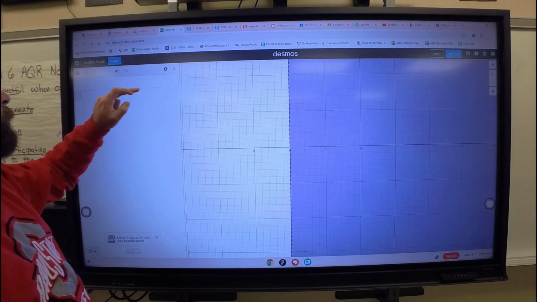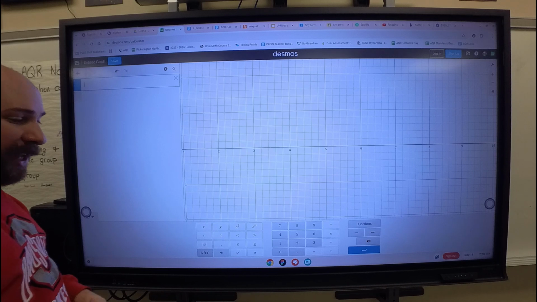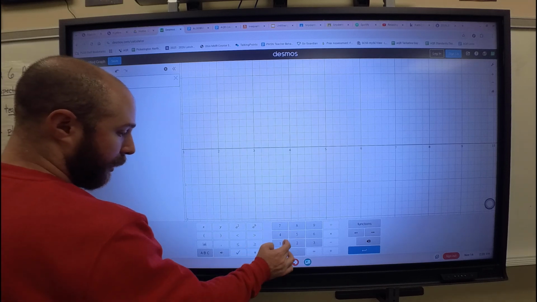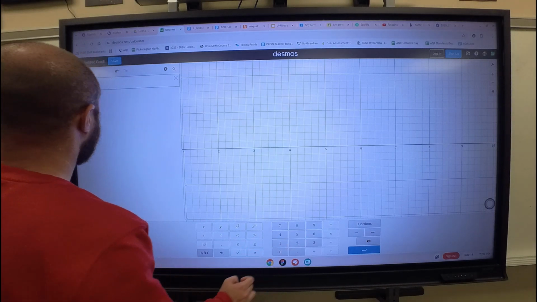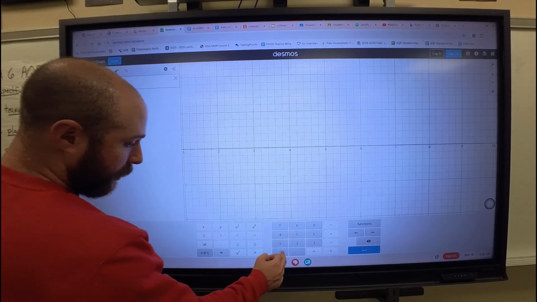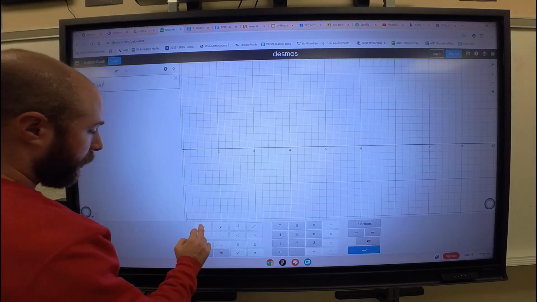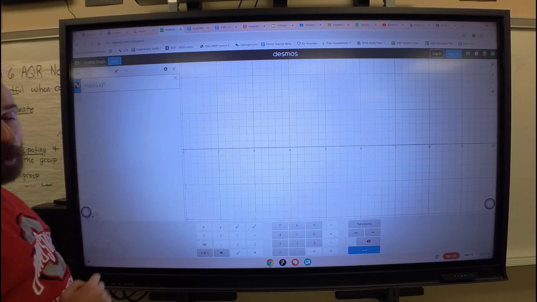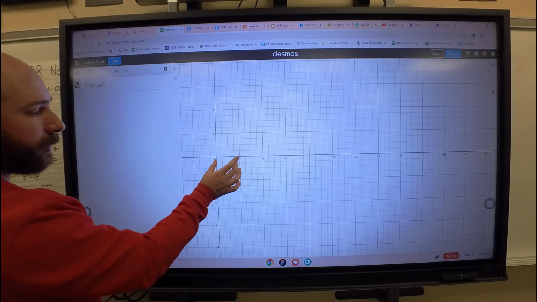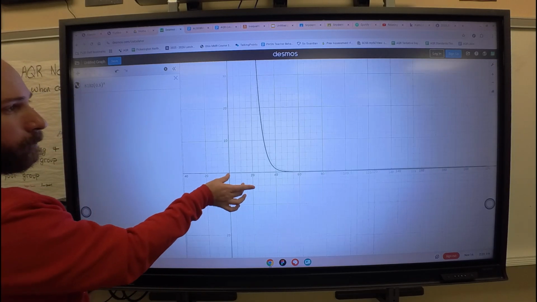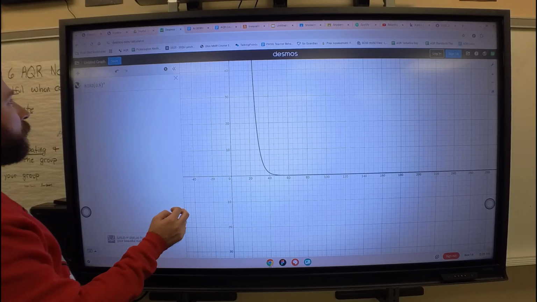So if I go into Desmos, I'm just going to type in this exact function that we had, 8192 times 0.8 raised to the x. Okay, now we can't see it here. There we go. All right.